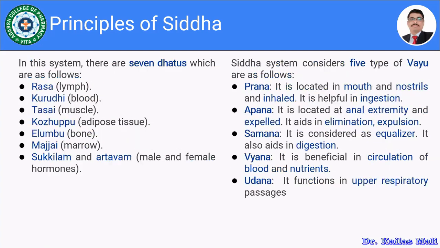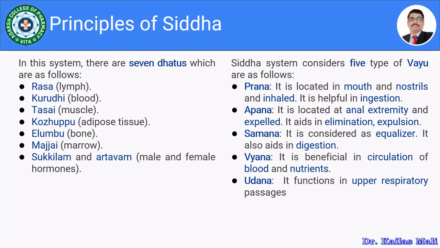Okay, so let us move towards the 7 dhatus. In the Siddha system of medicine, there are 7 dhatus. We are not going to discuss the details of all these 7 dhatus, but at least you should know which ones are considered.